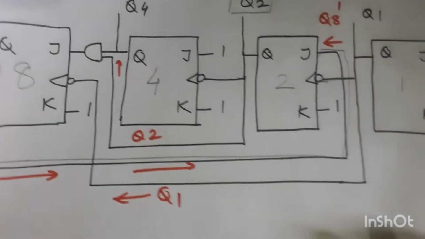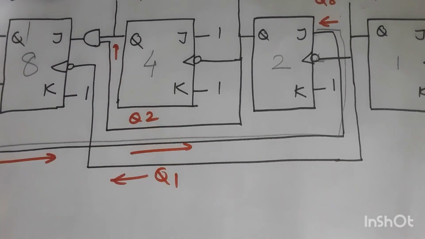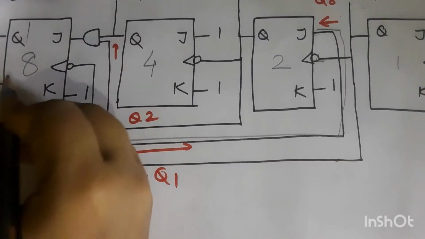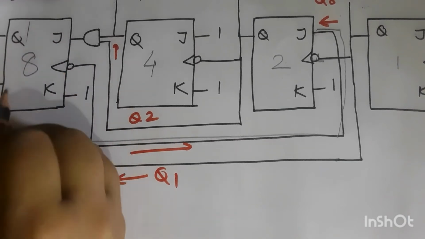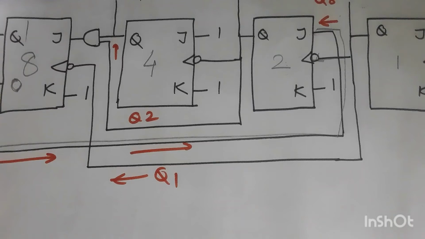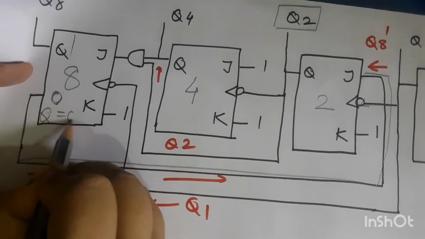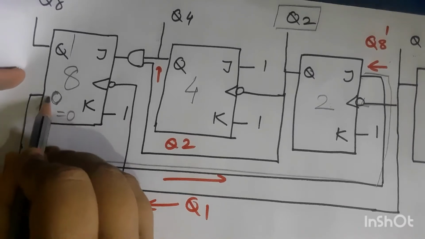Because if Q8 is 1, then here it will be 0. So the complementing output will come. Here Q will be 0, the Q8 output would be 0.